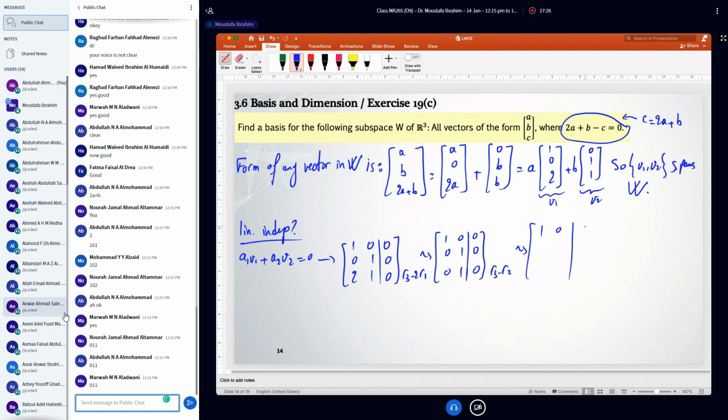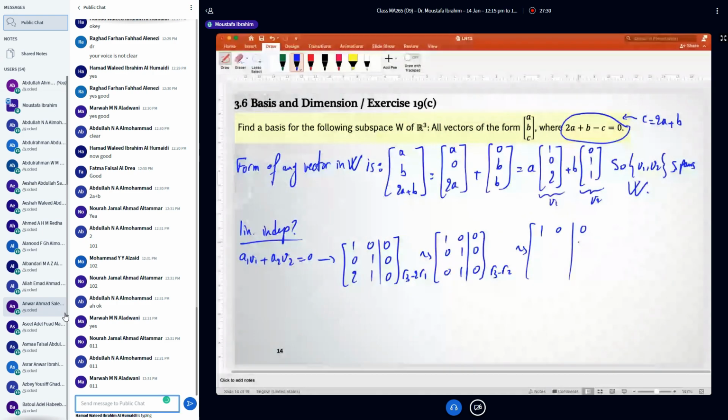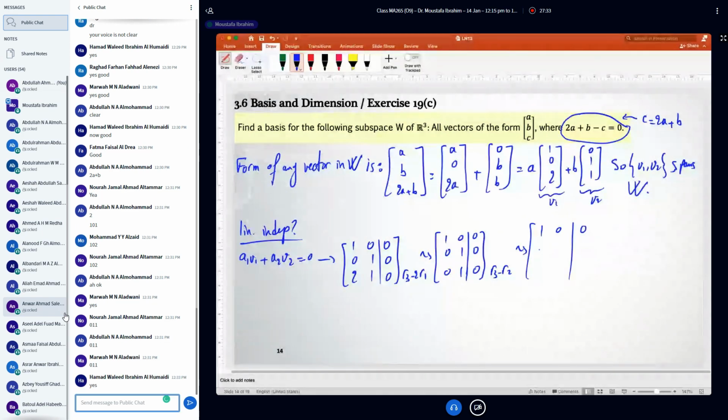We get almost the same result: 0, 1, 0, and all zeros. Again, how many columns here? We have 1, 2, and each column has a leading 1. Here 0 equals 0 for sure because it's homogeneous.